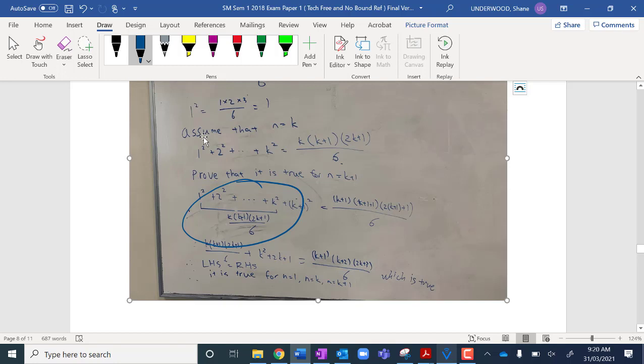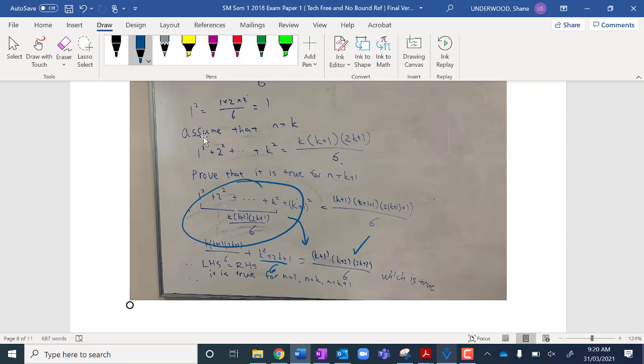But a lot of the time, you're going to be able to factorize and do it with fewer steps. You can see, though, that because that is k plus 1, 2k plus 1, if you were to do this over 6, and take out k plus 1 all squared, you should be able to get to this. Show that the left-hand side is the right-hand side.